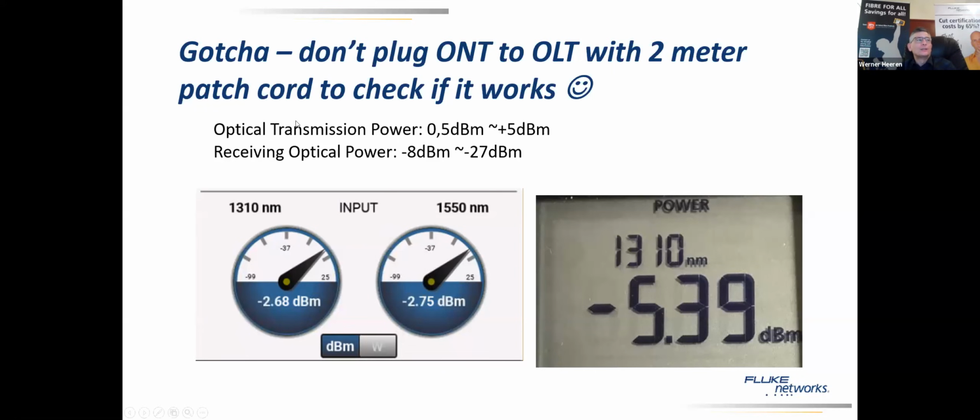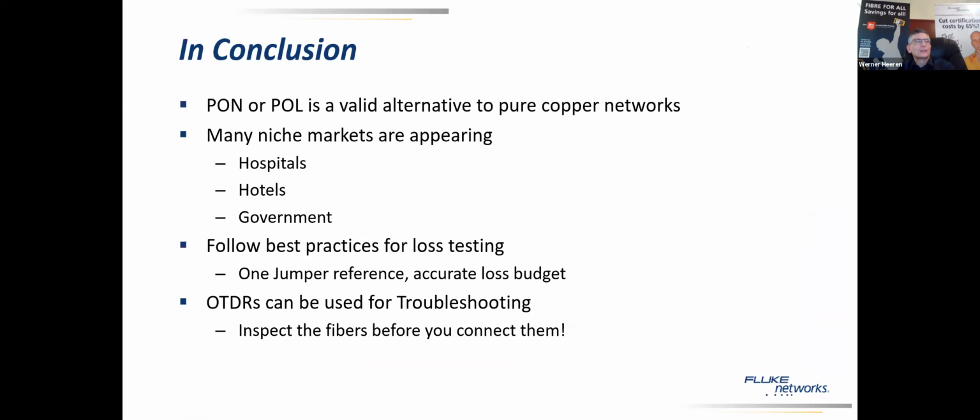Be aware that there could be a huge difference between the transmission power and the receive power. With a 2-meter cord, you are injecting too much power into that ONT and it will not work. So some people start getting worried that it's not working because they connected it too close to each other. Receiving power is 8 dBm and you can only have 2.68.